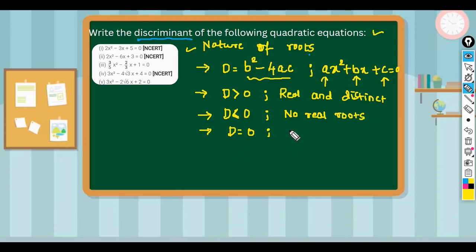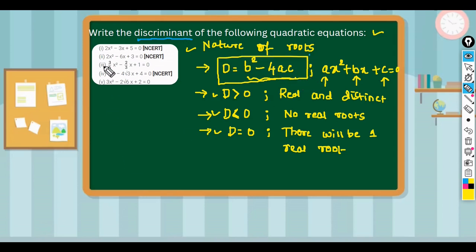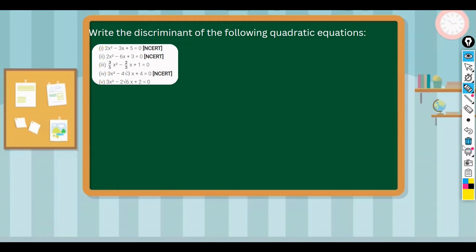If the value of D is equal to 0, then you are going to write there will be one real root. Remember, one. If you keep these 3 conditions in your mind, and if you know the formula for discriminant, very easily you can solve these questions. Okay, so let's go ahead and take the questions.